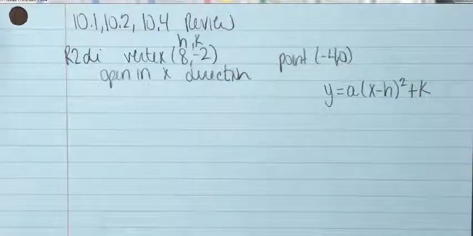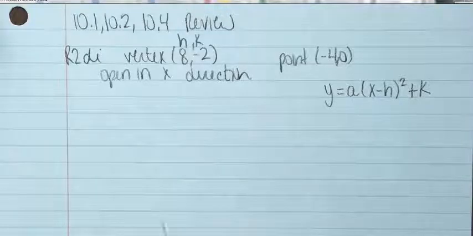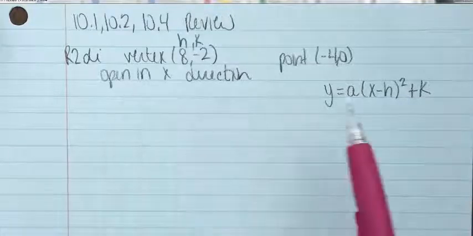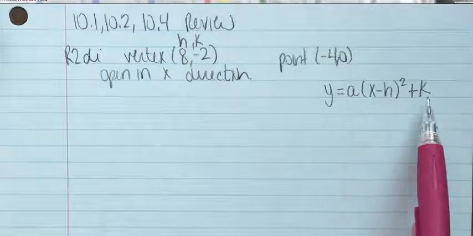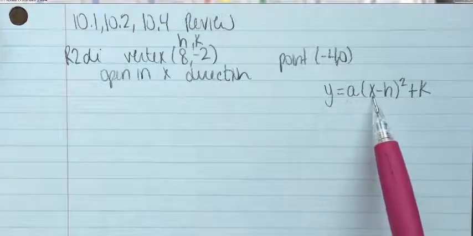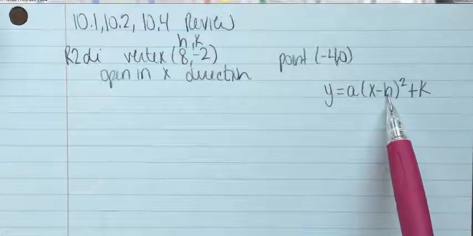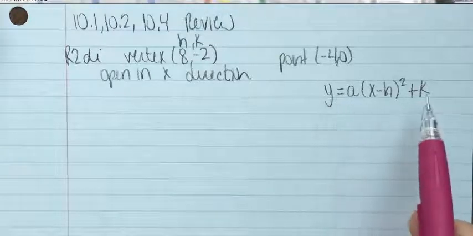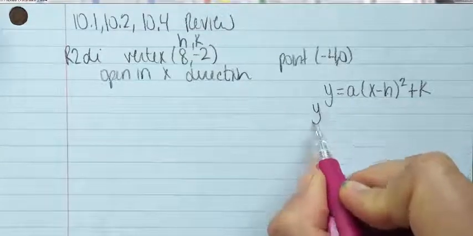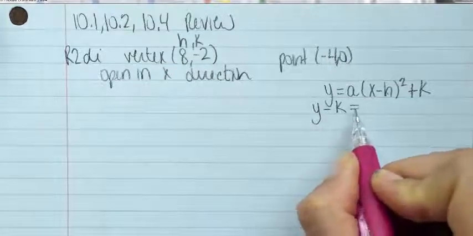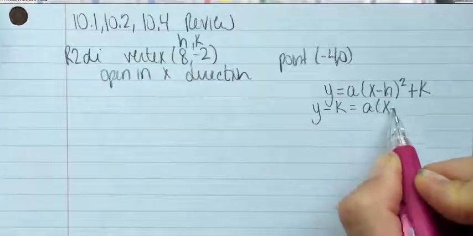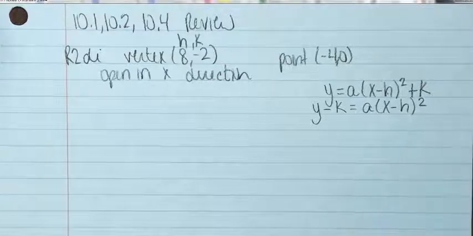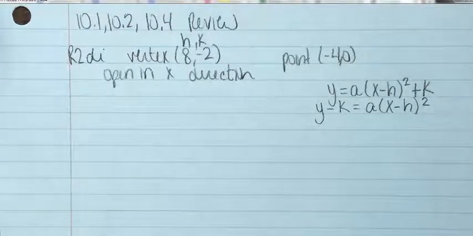There's a couple ways to think about opening in the x direction. It's basically the exact same thing, but the most important thing is that your x and your h have to stay together, and your y and your k stay together. Now, I know it doesn't really look like that here. I think this textbook actually writes it like this. So you can write something very similar for when it opens in the x direction.